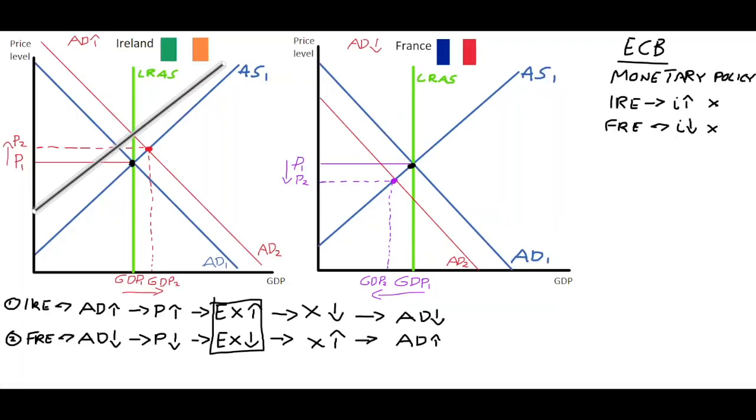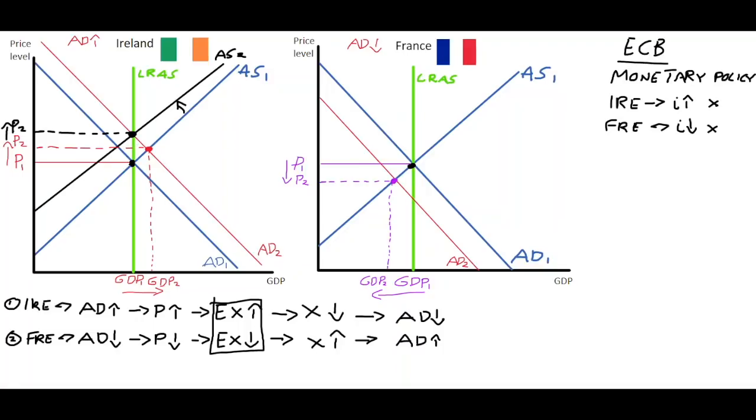So a leftward shift of aggregate supply would revert us back to long-run equilibrium. So we would have AS2 and a leftward shift of our supply curve. The only problem is GDP would return to equilibrium, but prices would go even higher. So higher prices would be leading to uncompetitiveness for that economy.